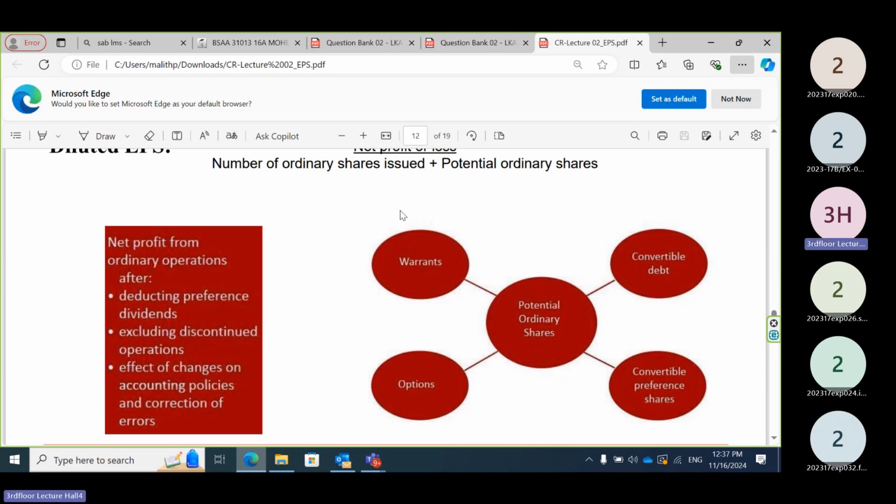Redeemable preferential. Take normally redeemable preference shares, cumulative redeemable. Non-cumulative, non-redeemable. Why? There's no tendency to redeem.